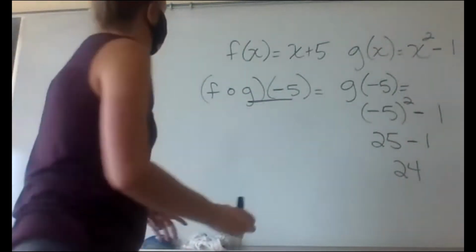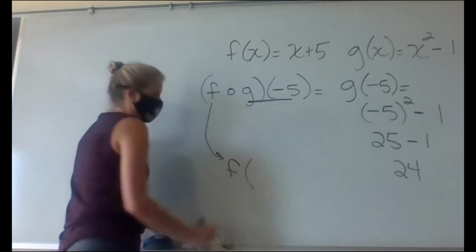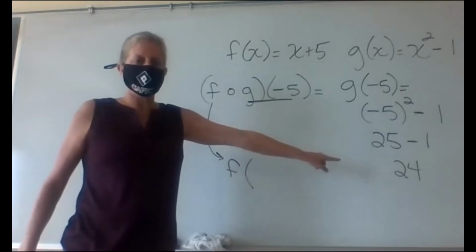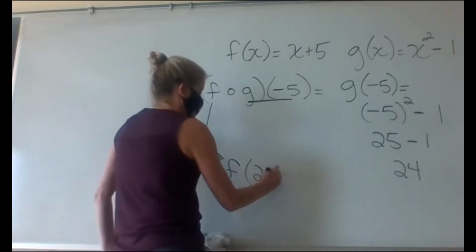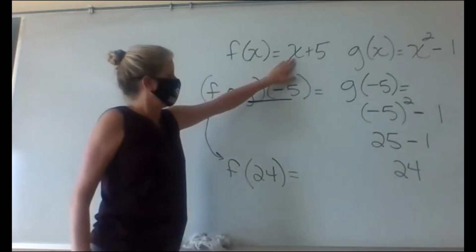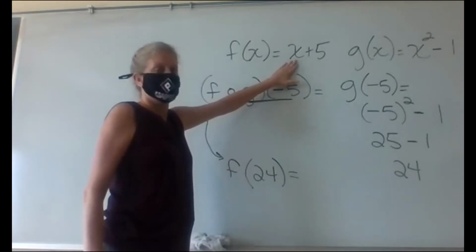The second part of the problem says now you're going to find f of whatever that solution was. So I'm finding f of 24, which means now I'm going to go to my f function and replace its x with a 24.